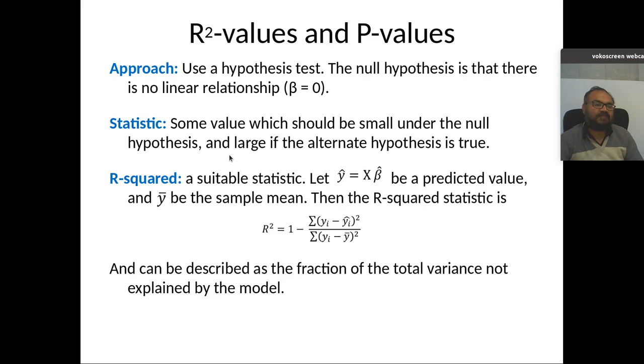And remember again, if the null hypothesis is true, then we do not need to use linear regression at all, because it won't work anyway. So for statistics, we need a measure which is usually small under the null hypothesis.